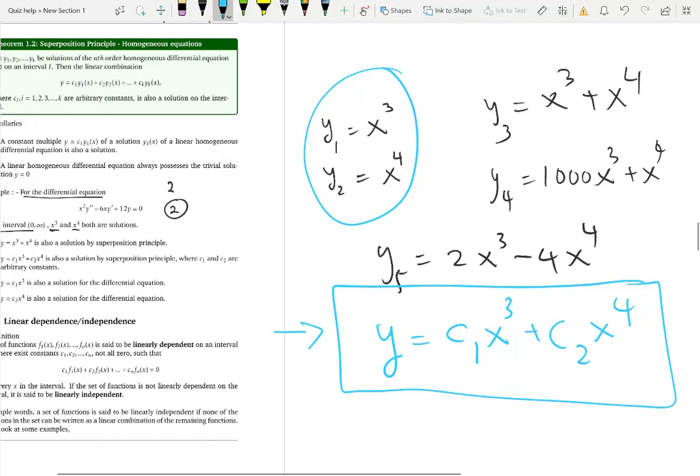This we call a what kind of a solution? A general solution for the homogeneous differential equation. Okay, just like we had general solutions in previous chapters, but now we are working with higher order. In previous chapters we learned first order differential equations, so we only had one piece and it contained an arbitrary constant. That's it.